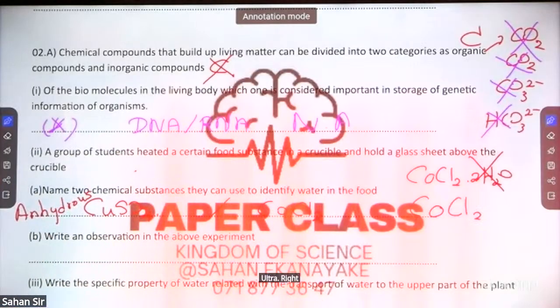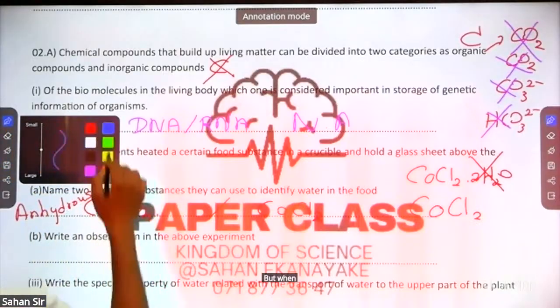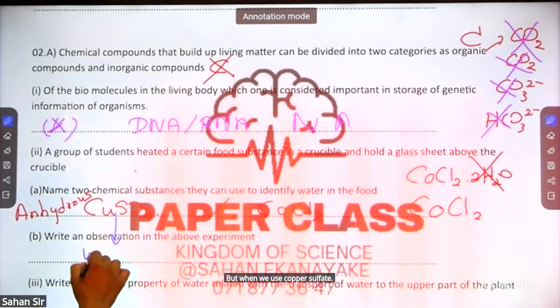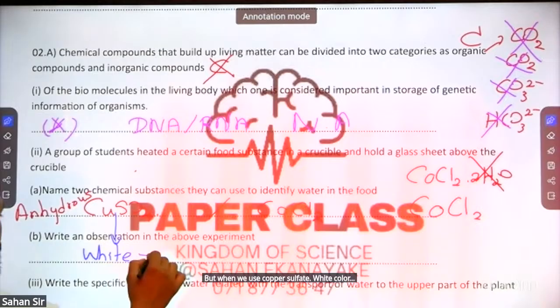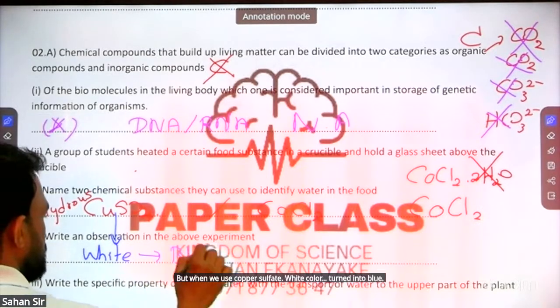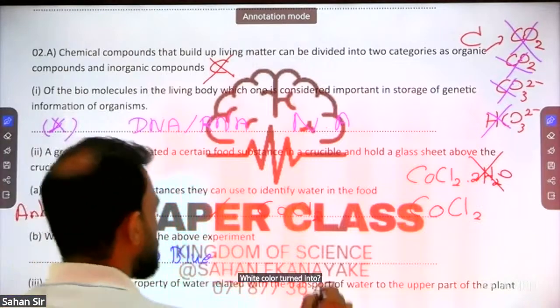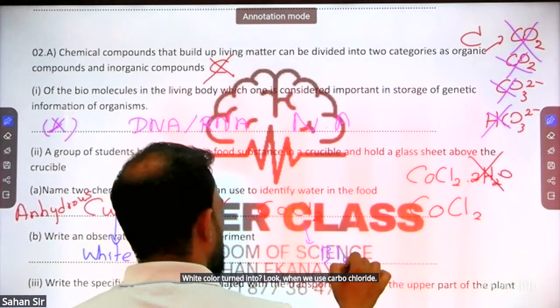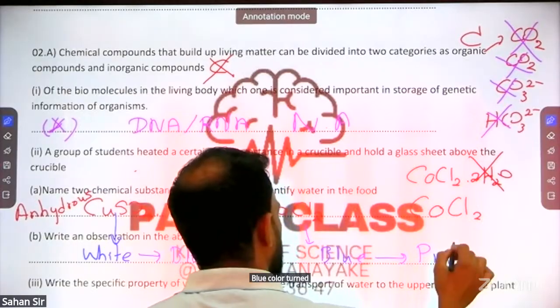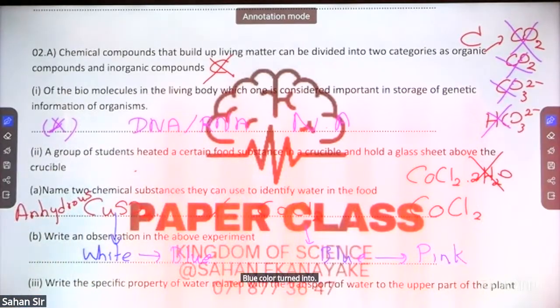Write the observation in the above experiment. When we use copper sulfate, white color turns into blue. When we use cobalt chloride, blue color turns into pink.